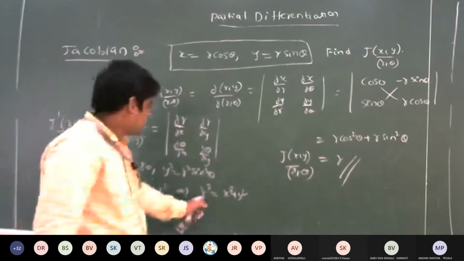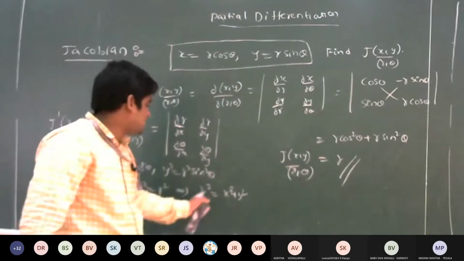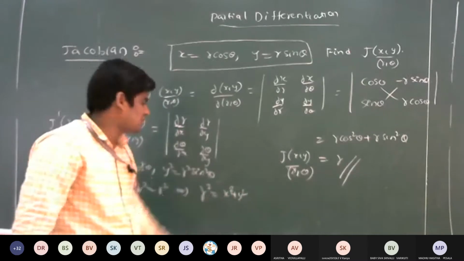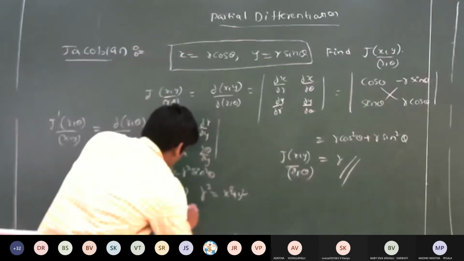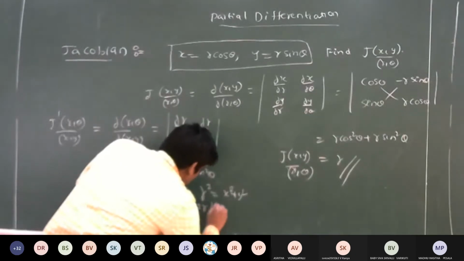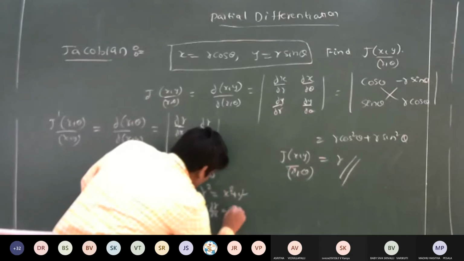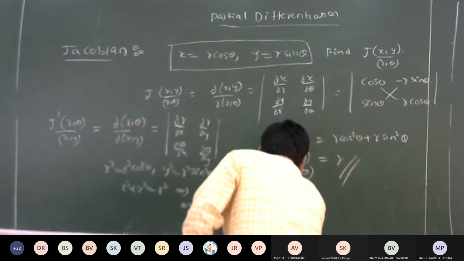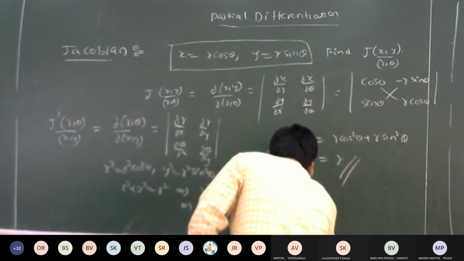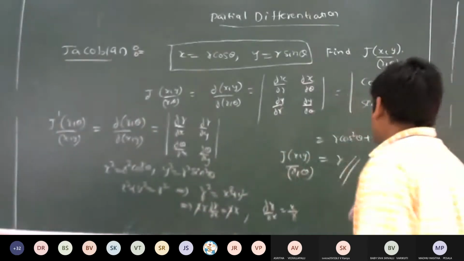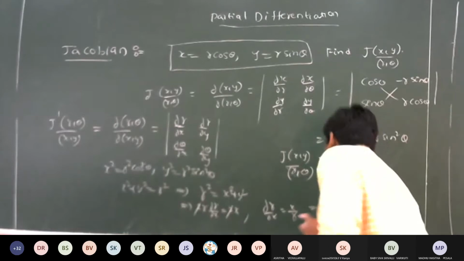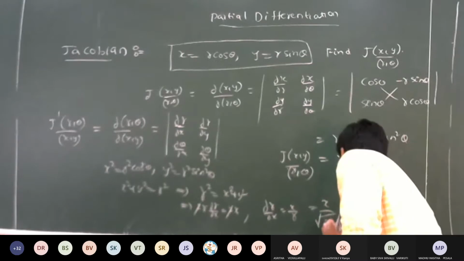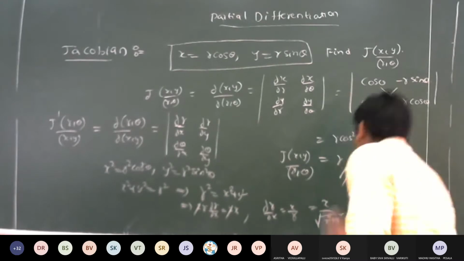So r is a function of x comma y, which implies that 2r into dou r by dou x is equal to 2x. So dou r by dou x is equal to x by r. So that is equal to x by, what is r? Square root of x square plus y square.